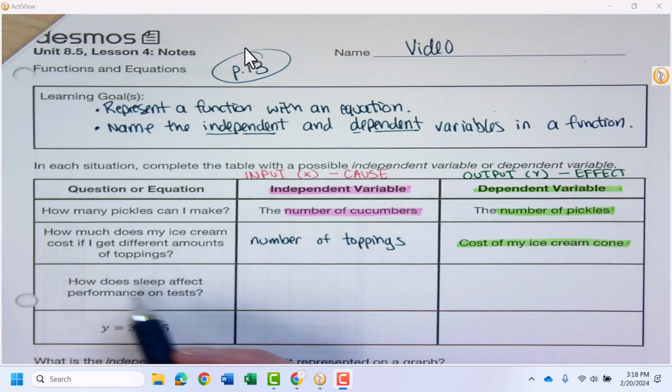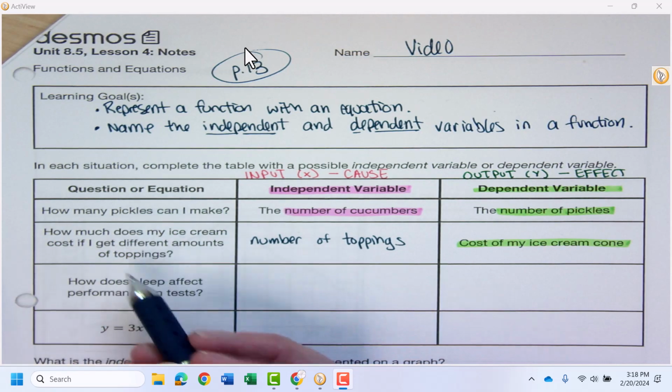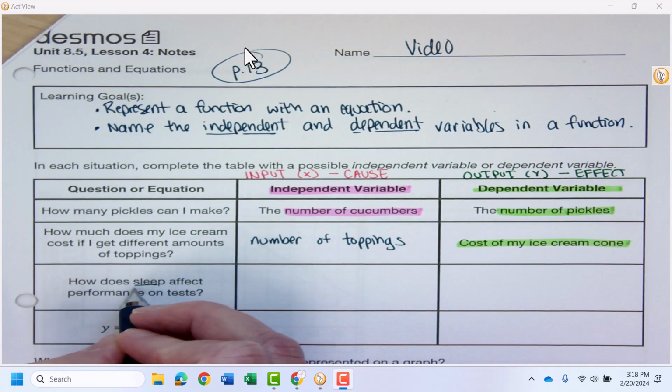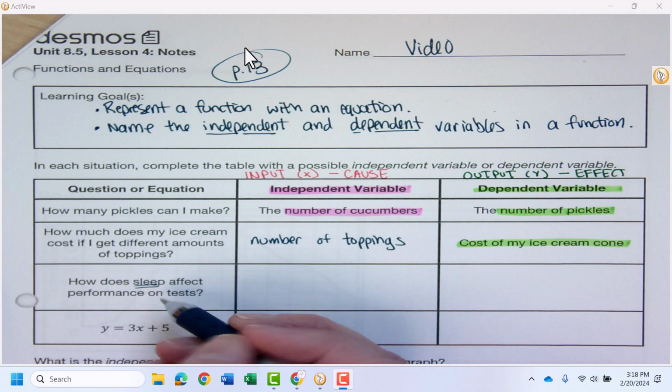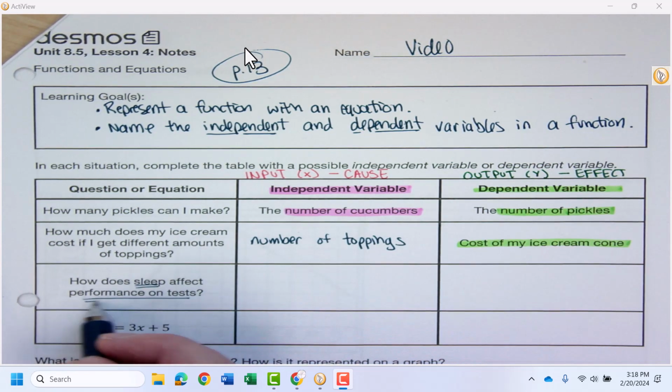So how does sleep affect performance on tests? Somewhere buried in there we have two variables. It looks like we're talking about the amount of sleep that we get. And we're always telling teenagers, you need to get 8 hours of sleep. So how does sleep affect when we have a performance on a test?